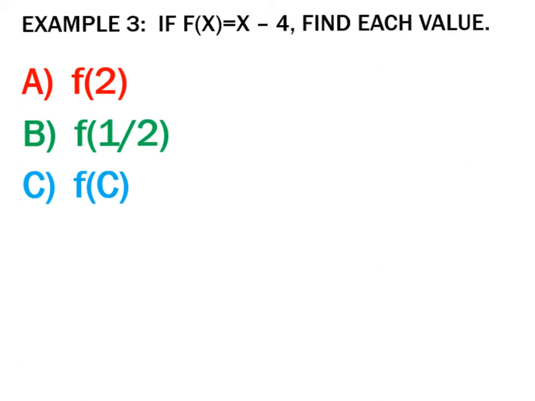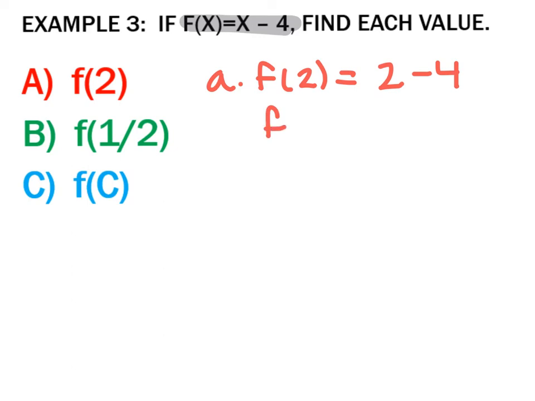For our final example, we're going to use the function f of x equals x minus 4. So if I wanted to rewrite f of 2, I could say f of 2 equals 2 minus 4, which simplifies to give me that f of 2 equals negative 2.